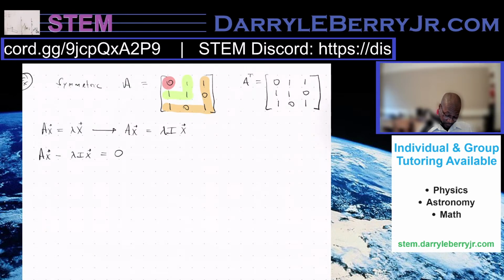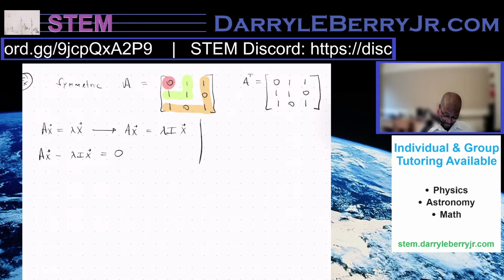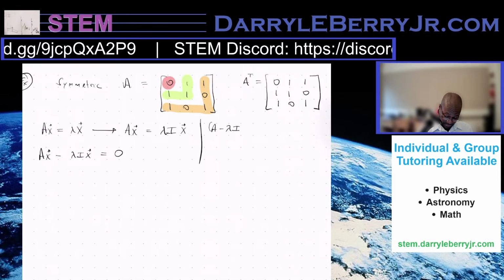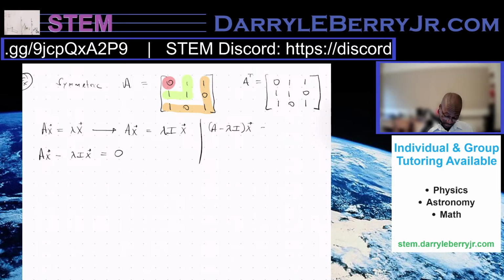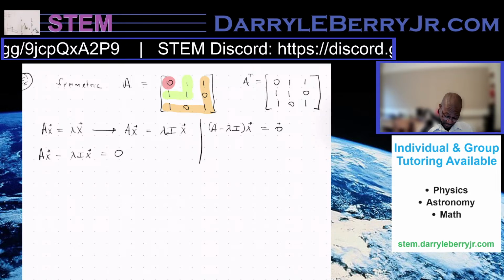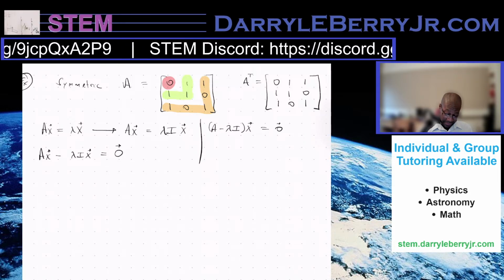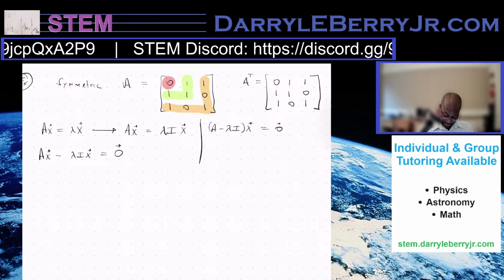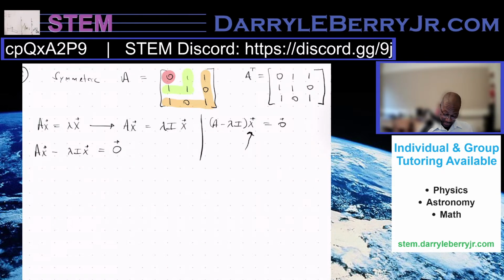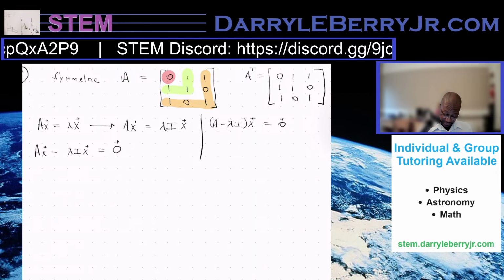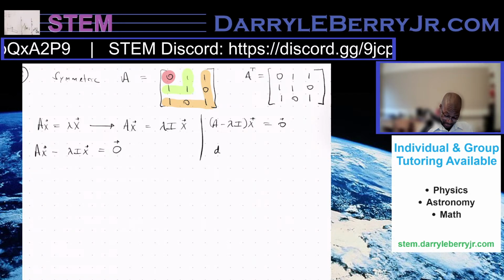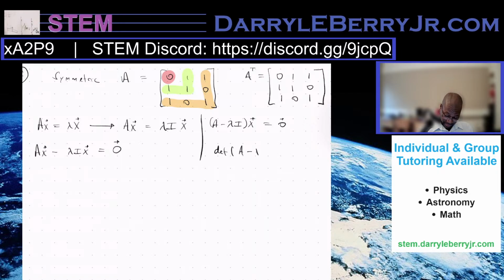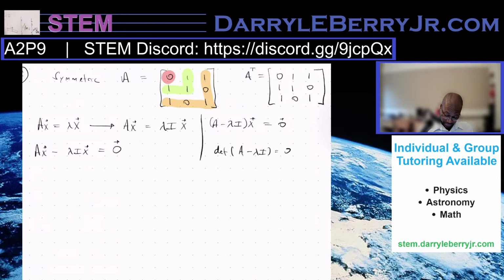And then we can say (A minus lambda I)X equals 0. And in order for us to have a non-zero null space, the determinant of A minus lambda I must equal 0.